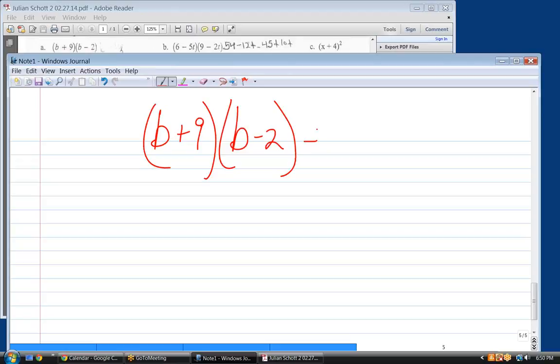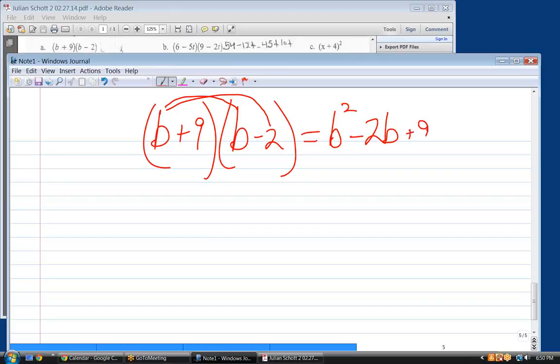Okay. B times B is B squared. B times negative 2 is negative 2B. And then 9B, I think.